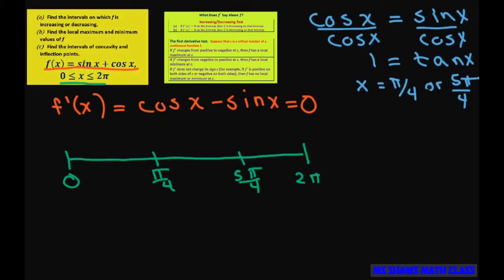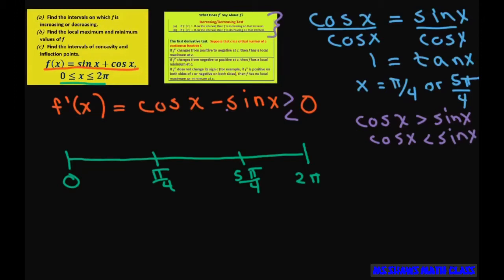Now, where this is positive, that means it's increasing, and where it's negative, it's decreasing. So I can say where cosine of x is greater than sine of x, and where cosine of x is less than sine of x. These are the intervals we're looking at.